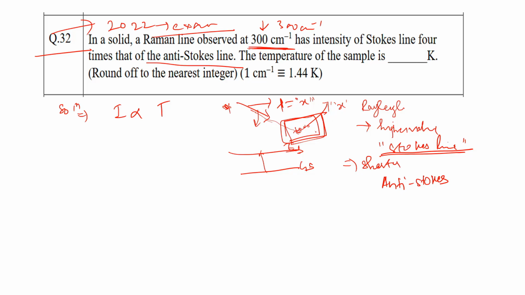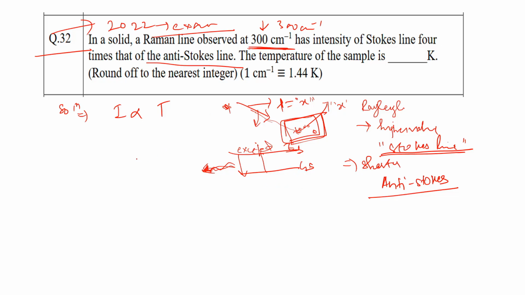And when the material, after interacting with the radiation, provides some of its energy, the energy has increased, so the frequency has increased and the wavelength has decreased, so we get the anti-Stokes line. This happens when the material is in the excited state and makes a transition to the ground state, providing its extra energy to the radiation. So this is the Stokes and anti-Stokes line concept.